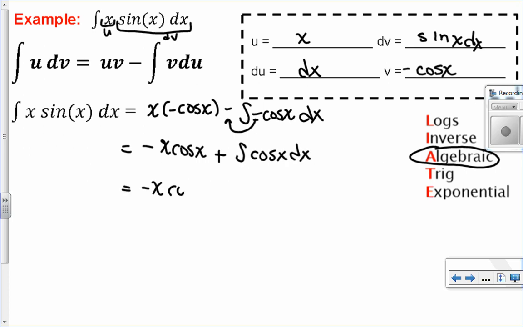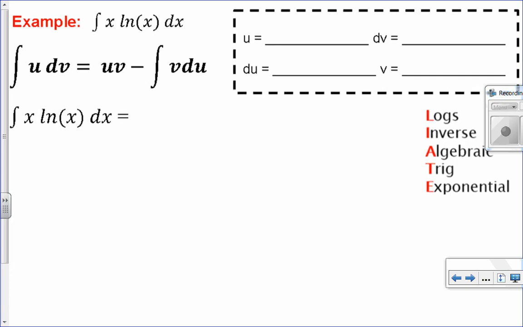So negative x cos x. Now you ask yourself, the derivative of what function is cosine? Well, that would be sine. So this will just be sine x, and then we add on c. So the integral of x sine x dx is negative x cos x plus sine x plus c.